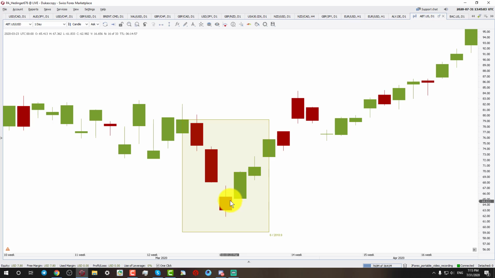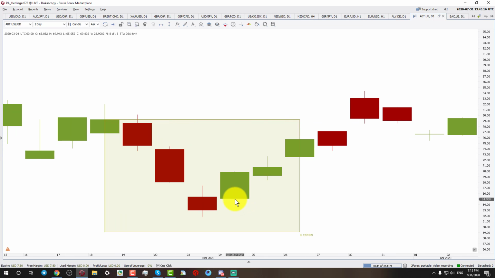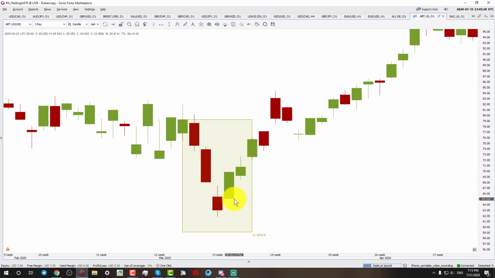And on the third day, when there was a red candle with a gap down opening, the price kept on going down, but the next day it opened higher and did not see a lower shadow. You can see the bulls were entirely in control of the market and they closed the day in the body of the previous day's candle.